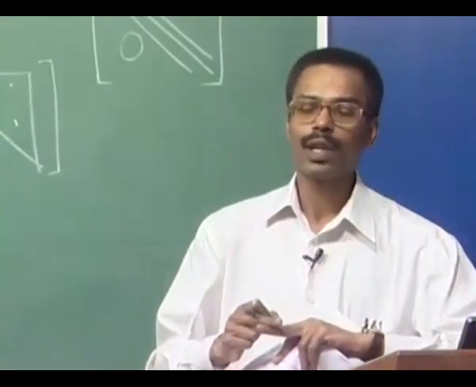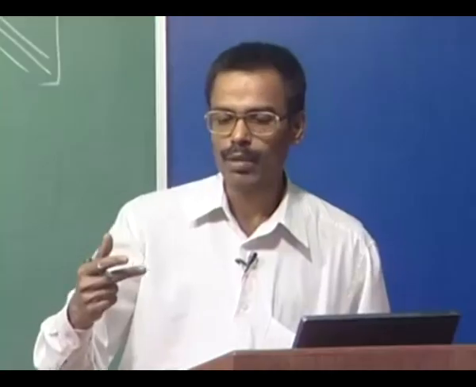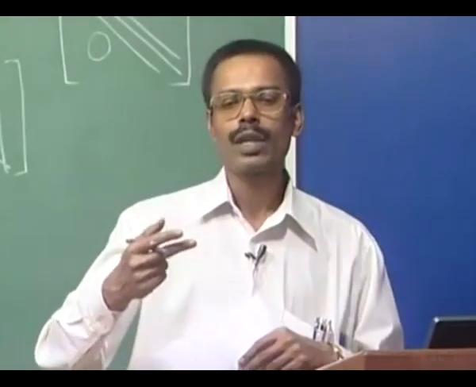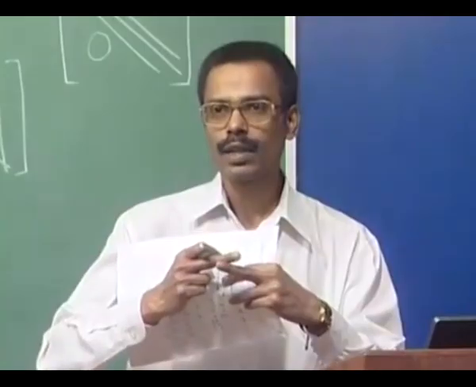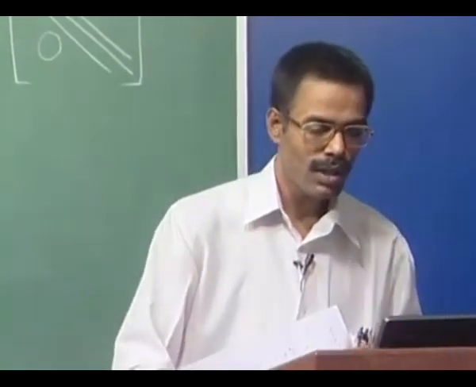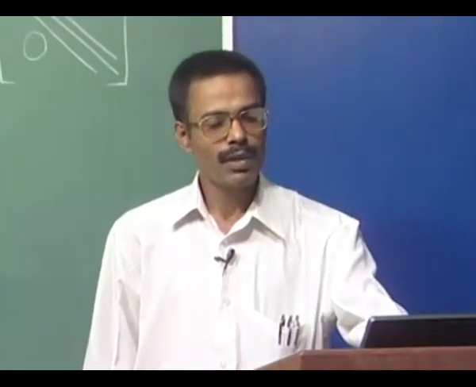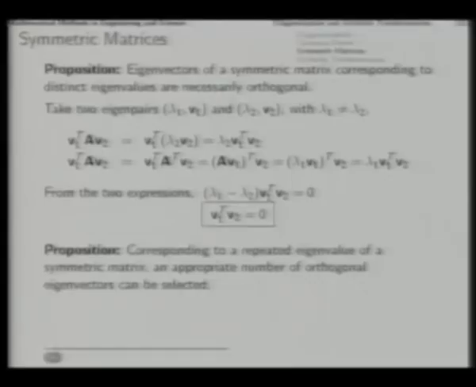What will be the situation for equal eigenvalues? That is an eigenvalue appearing twice giving us two eigenvectors. Do they also have to be necessarily orthogonal? Not necessarily. But what we want to establish here is that corresponding to a repeated eigenvalue of a symmetric matrix, an appropriate number of orthogonal eigenvectors can be selected.